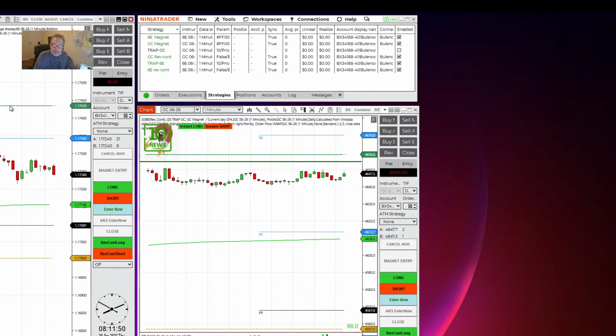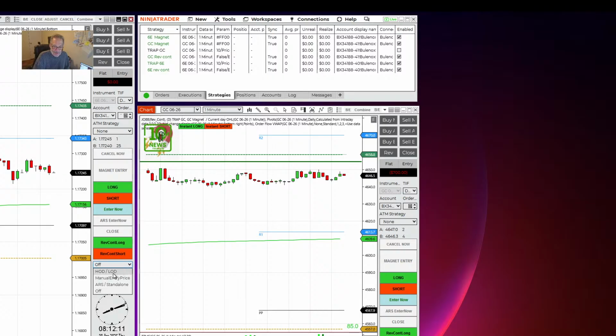We have our trap trade in a few minutes, 8:15, when the news is released, the rate statement. We have a reverse continuation if we wanted to take a safe scalp. And we have a possible magnet if we turn it back on to high of day, low of day, and then we can slightly adjust our order to take a fill above 400.